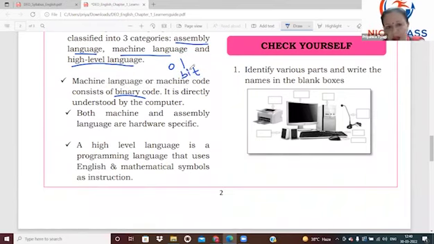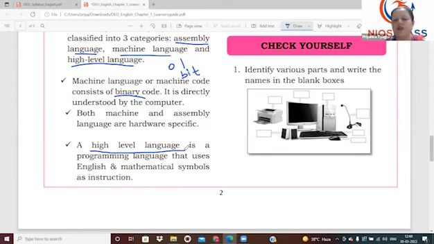But parallelly, this machine language has the capability to interact with the user. Who is the user? We are the user. And which language do we normally use to interact with the computer? English.